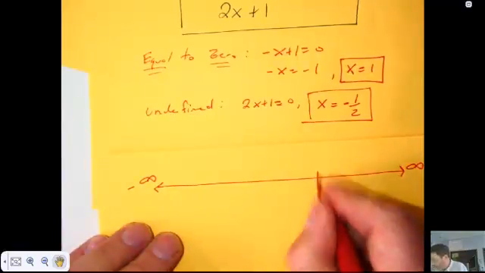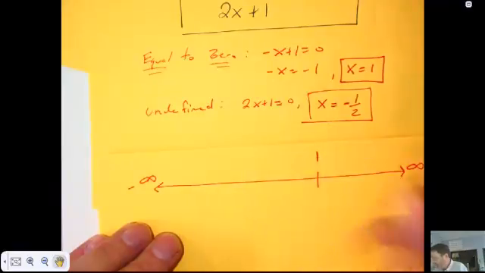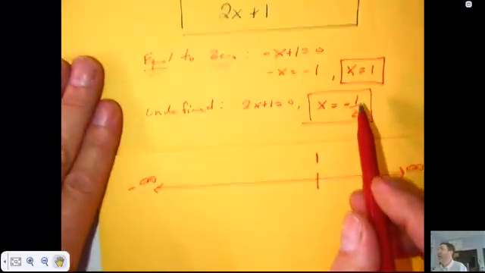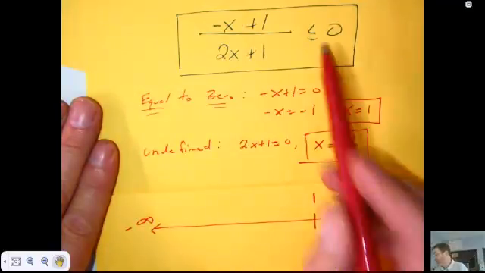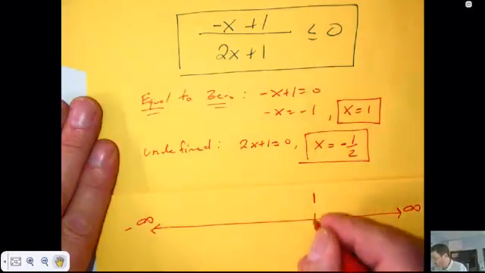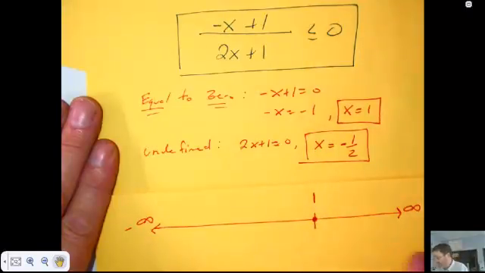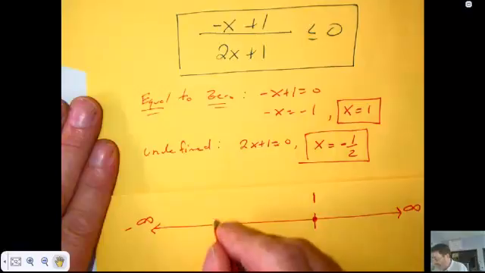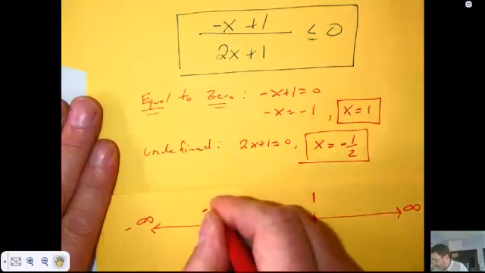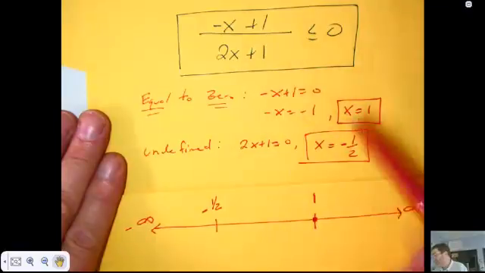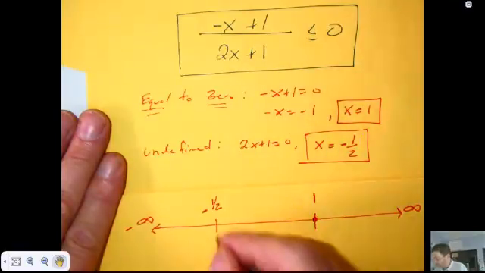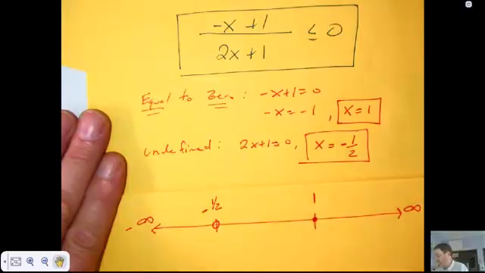At 1, it's equal to 0. And you ask yourself here, is that a solution to this? Would 1 be a solution? Actually, it would be because I have this equal sign here. So I'm going to put a closed dot there. Then I also have negative a half, but negative a half is where it's undefined. That can never be a solution. So I'm going to put an open circle on that.